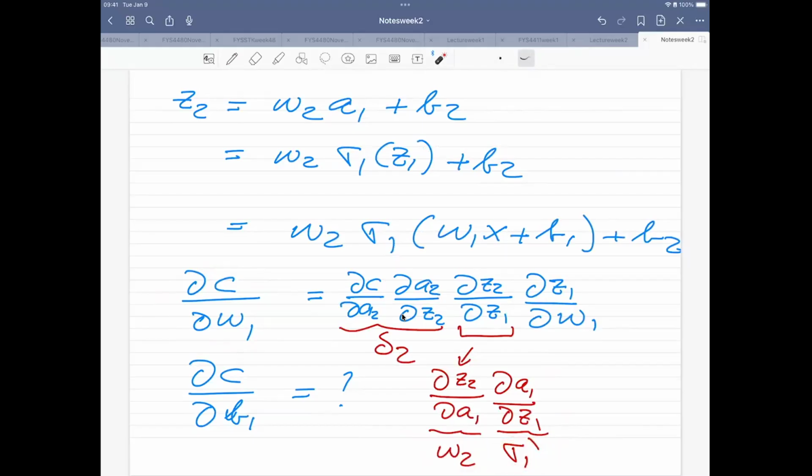So again, what you're seeing here is that using the chain rule, you get repeated applications of derivatives of the activation functions. This was the derivative of the activation function in the output layer, and now you have the derivative in the hidden layer. If you have more hidden layers, you will see the derivatives of the activation functions popping up again and again.